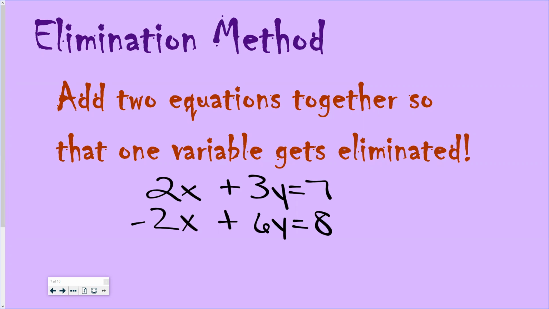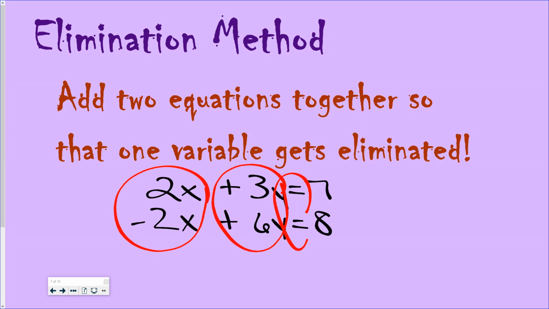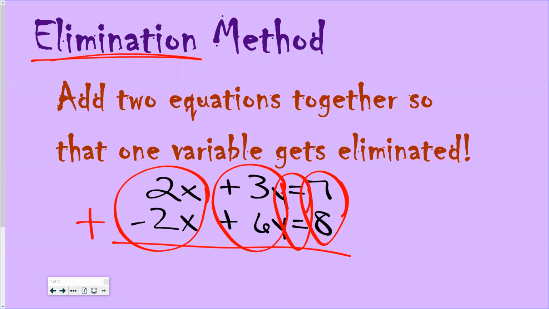When I say lined up, that means your x's are lined up, your y's are lined up, your equal signs are lined up, your constants are lined up. That has to be the case in order to use this elimination method, because all you're going to end up doing after you have everything lined up is take the two equations and literally do old school math of just adding things straight down the line.